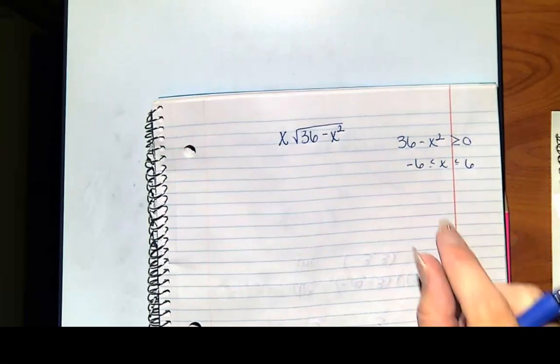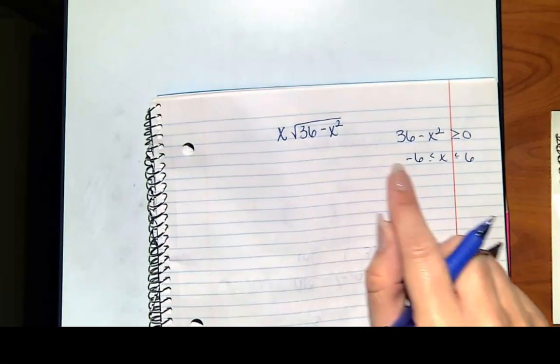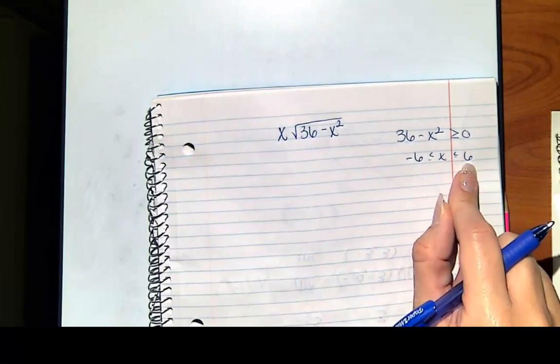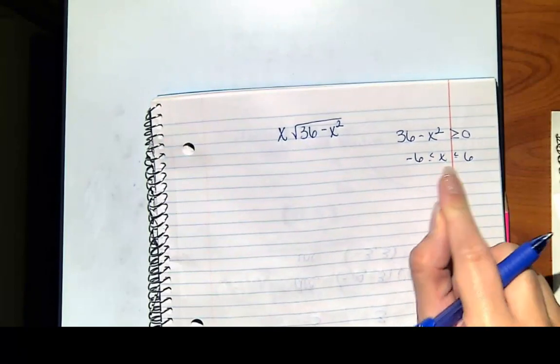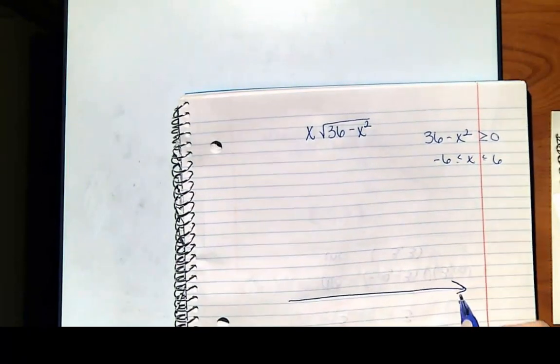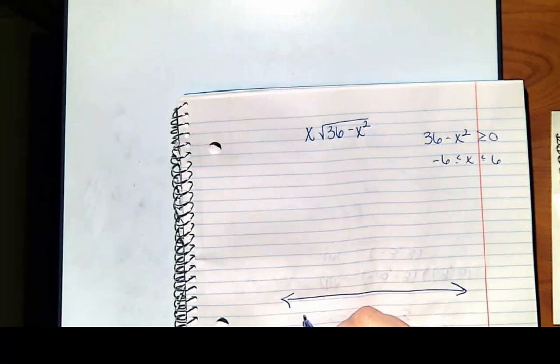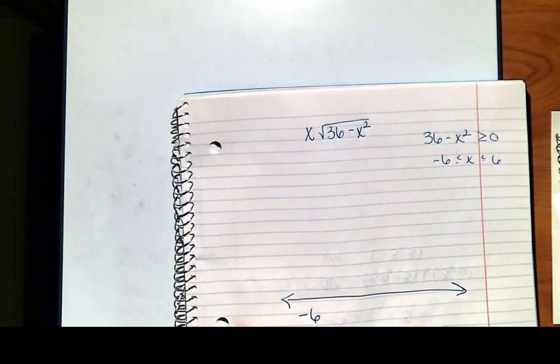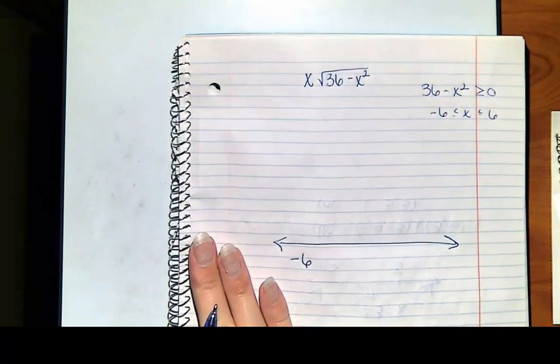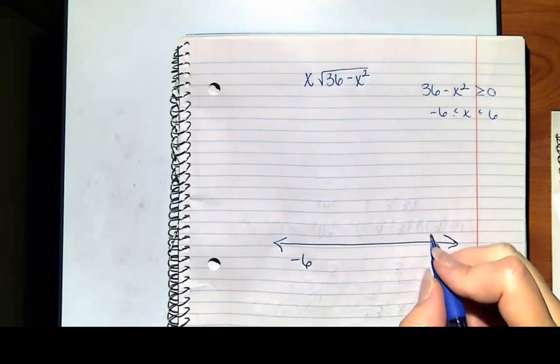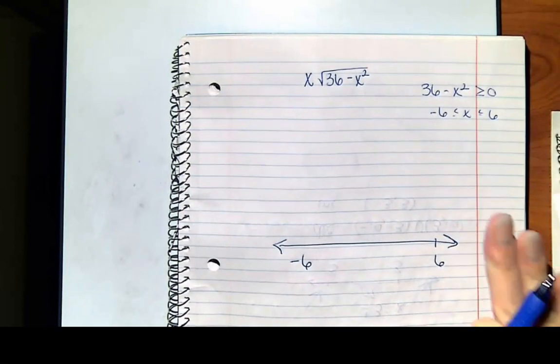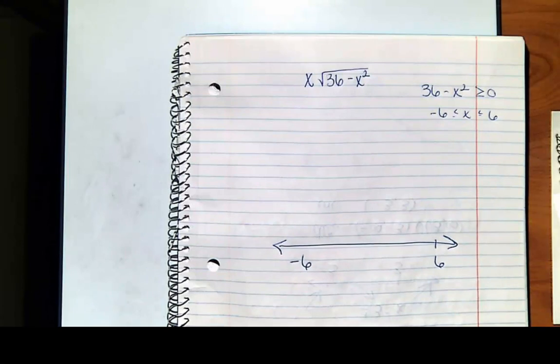So what we know right now is this function only exists between -6 and +6, inclusive of the endpoints. So when we start testing points, I don't need to test anything to the left of -6, because it doesn't exist there. I don't need to test anything to the right of +6, because it doesn't exist there.